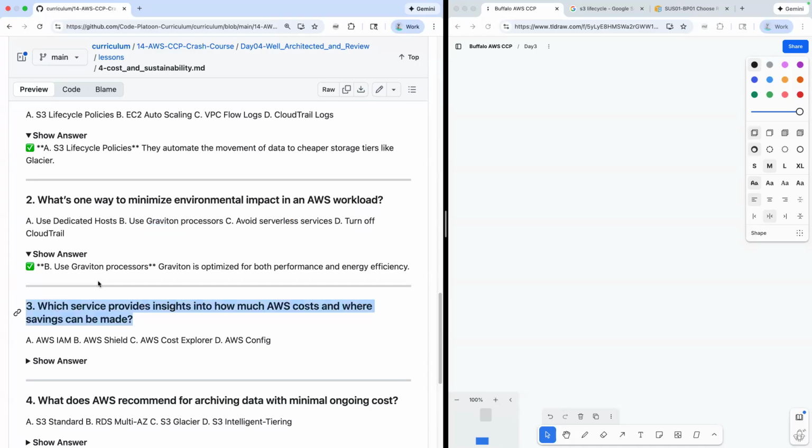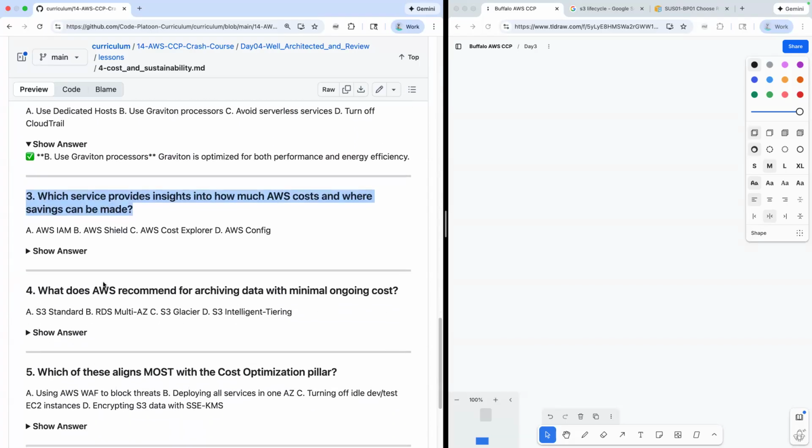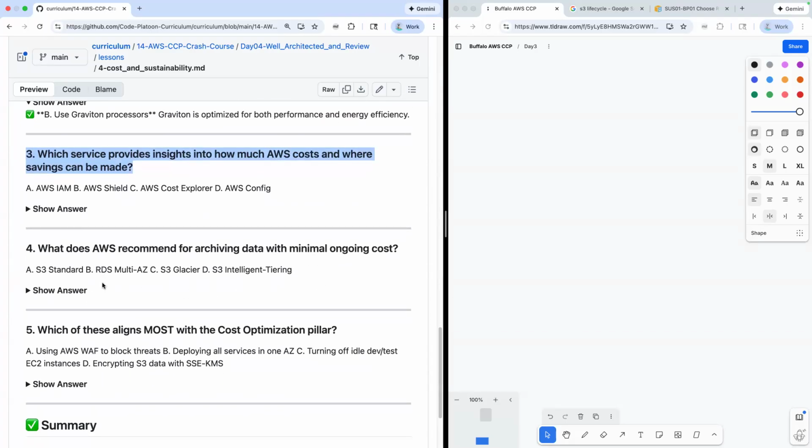Rick, can you walk us through the options for question three and explain why you think each one is or isn't a choice for which service provides insights into how much AWS costs and where savings can be made? Yeah, I got it. All right.